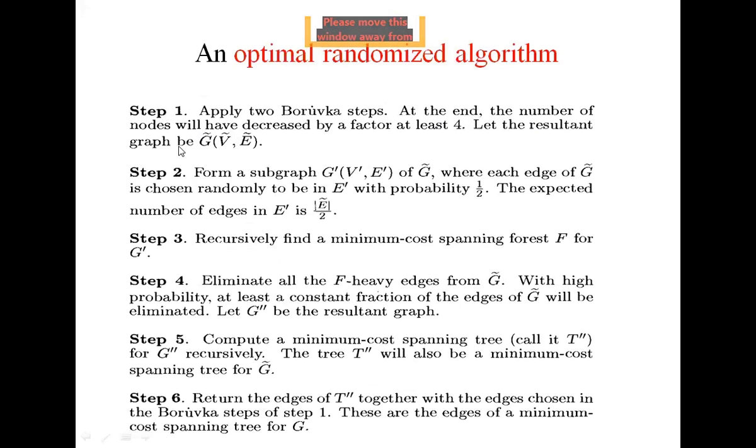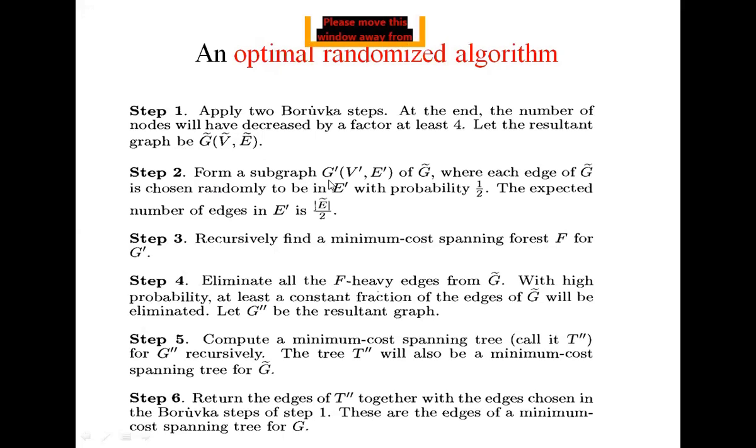So let the resultant graph be G(V, E). We are applying the Borůvka steps and finding the number of nodes has decreased by a factor of at least 4.